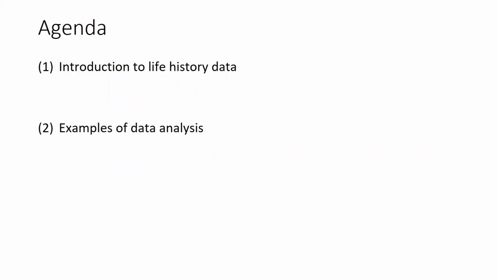In a second step, I will show you the data and some smaller examples of what you can do with it, so you have an idea where you can start once you work with the data on your own. So I will now introduce the life history data to you.